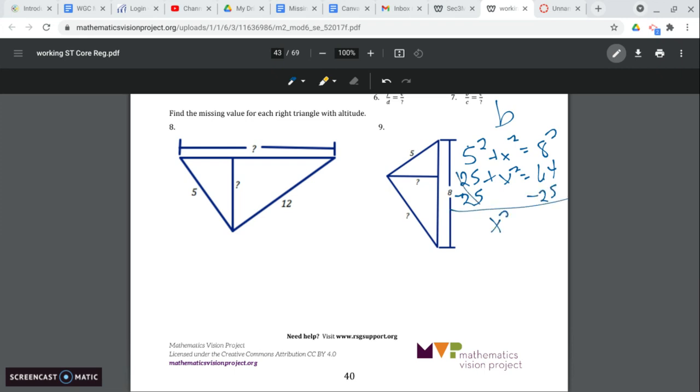So we have x squared equals 64 minus 25, which is going to give us 39. Take the square root. So x equals the square root of 39, or approximately 6.2.